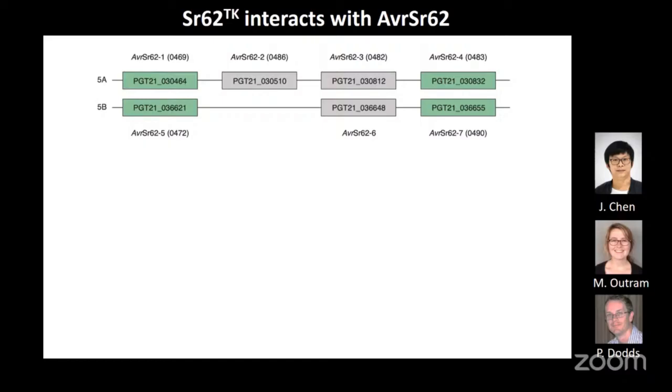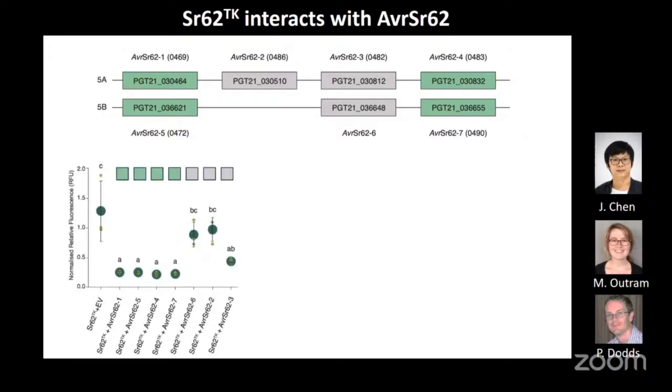You can see in this strain of the fungus, on chromosome 5A, we have four copies, and on chromosome 5B, we have three copies. I've highlighted in green the ones that are able to elicit the hypersensitive response, the functional versions of the effector.